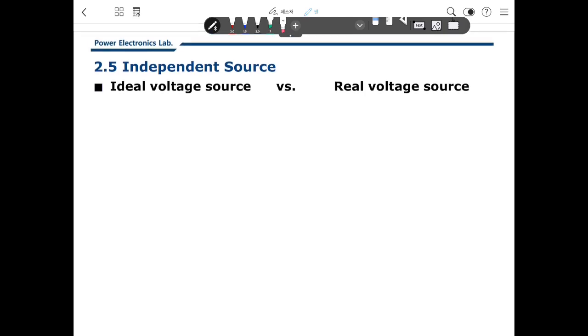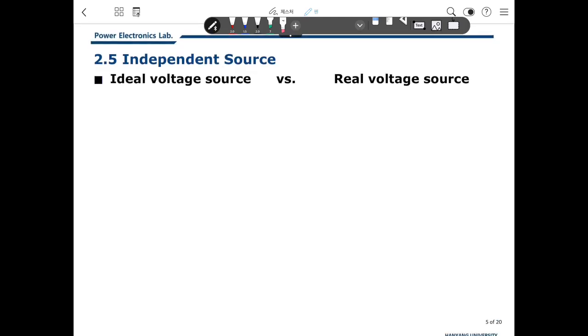The most common characteristic of the real voltage source is the leakage impedance. Actually, you don't know what impedance is. Impedance will be covered in Circuit Theory 2, maybe next semester.